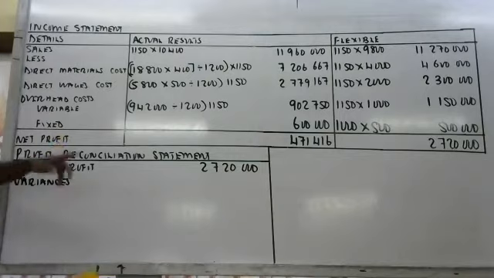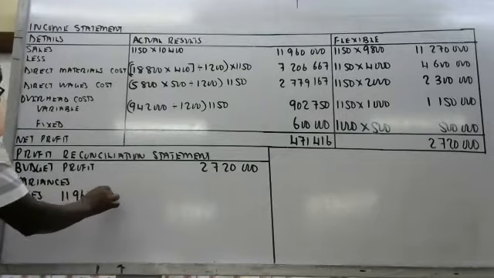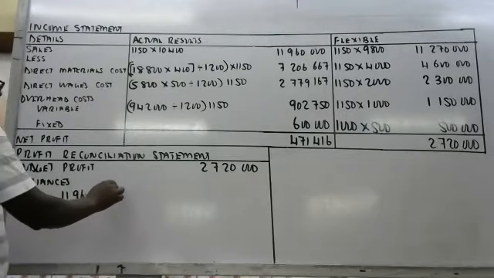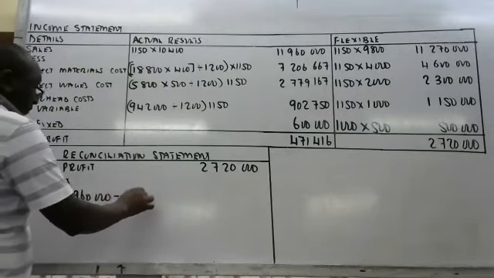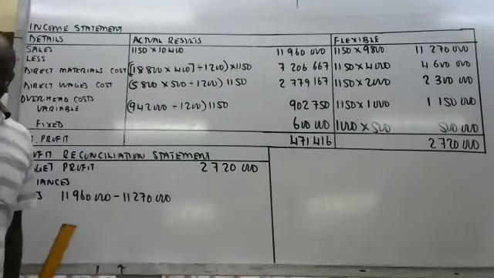You can actually just start from here, sales price, or you just call it sales. So sales, if we start with actual, 11,960,000 minus 11,270,000.